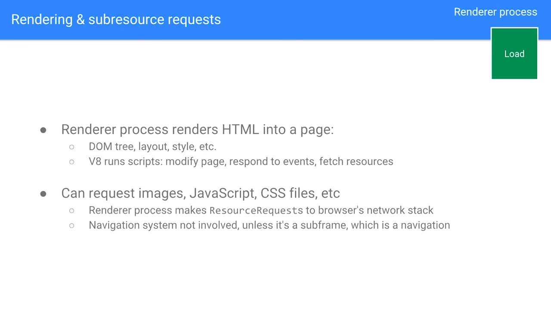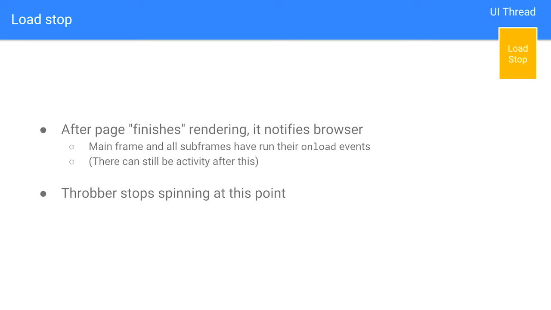But the loading phase basically entails loading all sub-resources like images, CSS, JavaScript. Those are made directly to the network stack. As John alluded, we don't want to go back to the browser at all. And then when we say load stop, everything stopped. We don't need a spinner, so we're good. This is the DidStopLoading event that we get at that point in time.